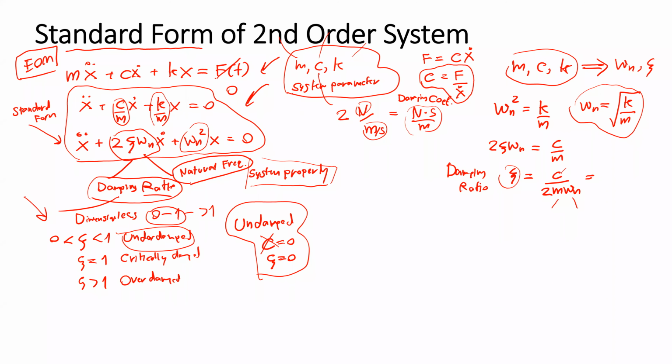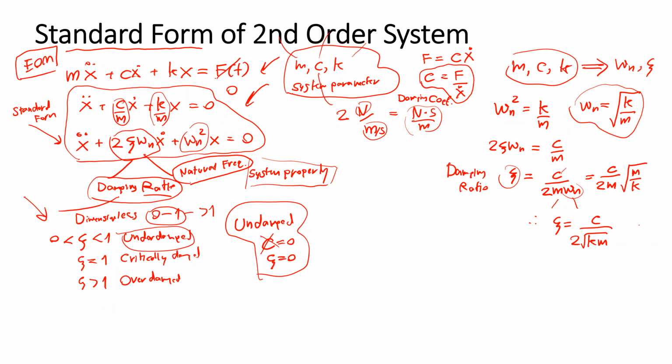We already know omega n, right? So C per 2 m and the square root of m per k. Finally, the damping ratio is C per 2 square root km.